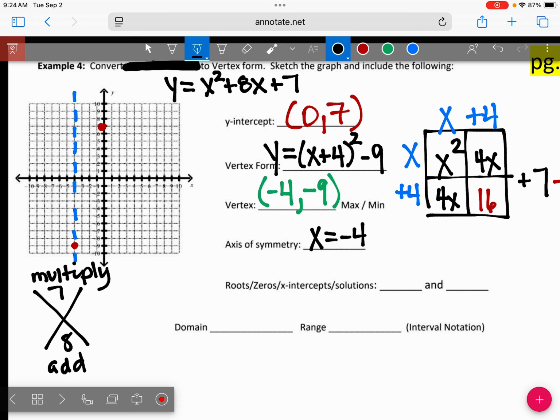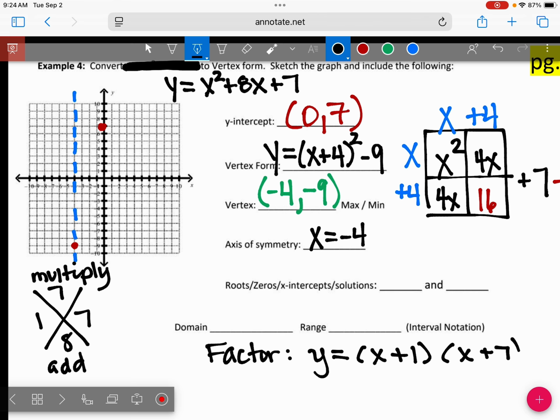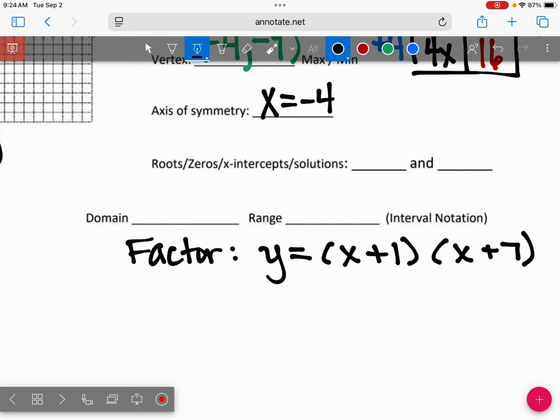The only thing that multiplies to be 7 is what? 1 times 7 is 7, and 1 plus 7 is 8. So the factored form would be y equals (x plus 1) times (x plus 7). That's the factored form of that equation.